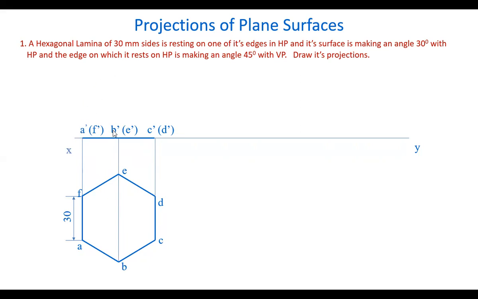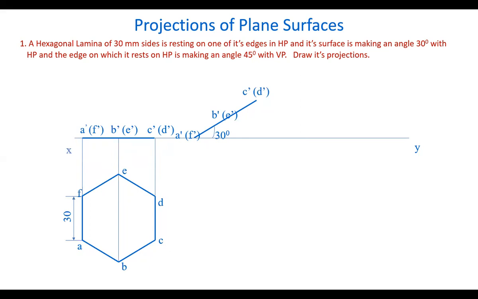It is up to us. Now, let's draw a line here at a 30 degrees angle, such that the surface is now making 30 degrees angle to HP. Mark the same points here in the front view. So we have just redrawn the same figure here in this position.